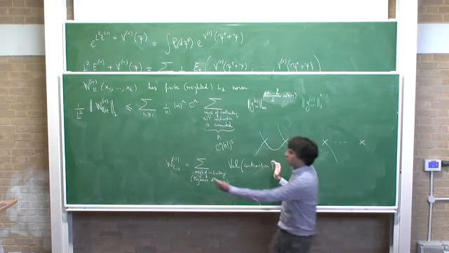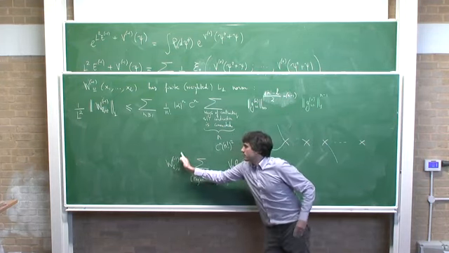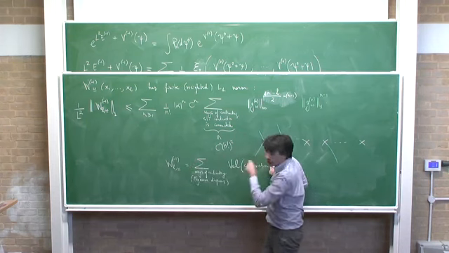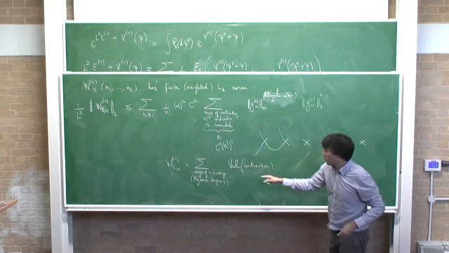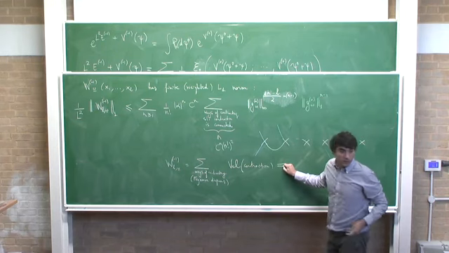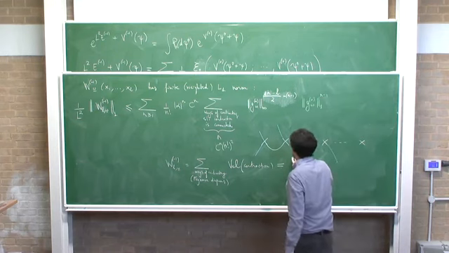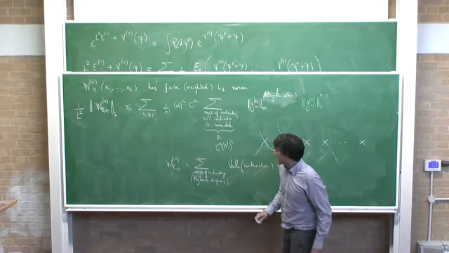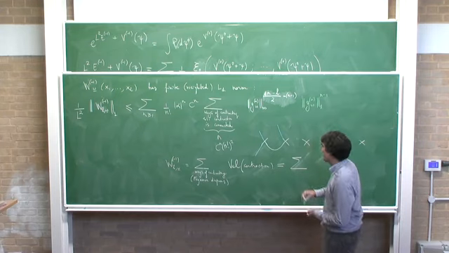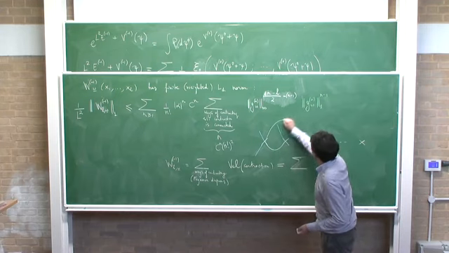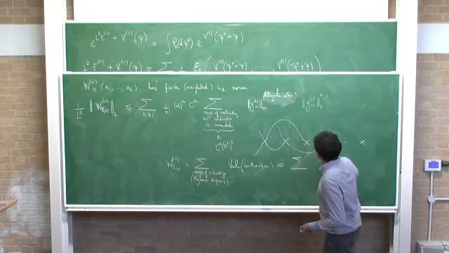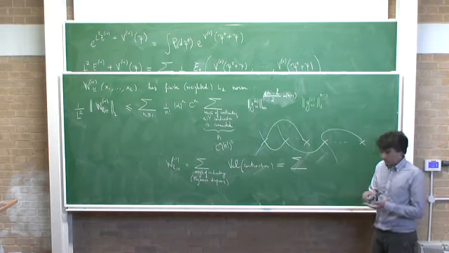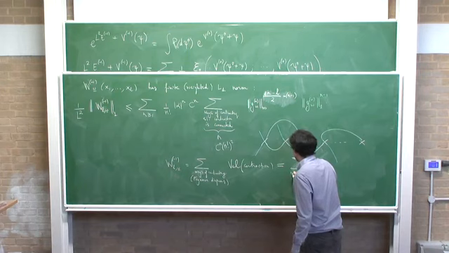In this formula, in order to get a bound, I put the absolute value inside. But this is not a good idea. So I want to find an alternative rewriting. Instead, I sum over these ways of contracting morally in this way. I first sum over all the ways to minimally contract.